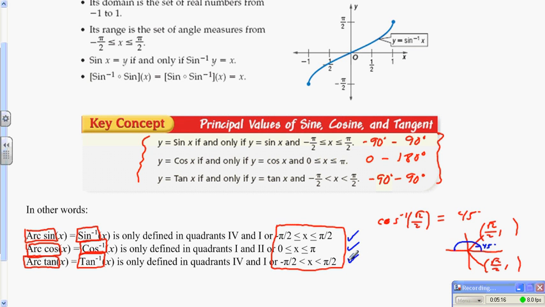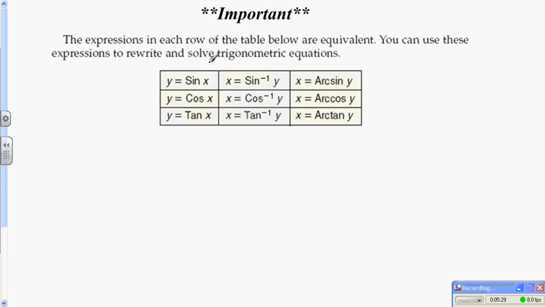They'll let us know when we have to worry about that by using arc sine notation, arc notation, or capital S inverse notation, capital letters. Here again is the key. They're taking this column and switching, or solving for the x.